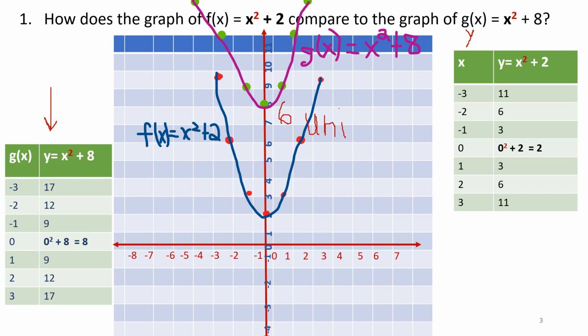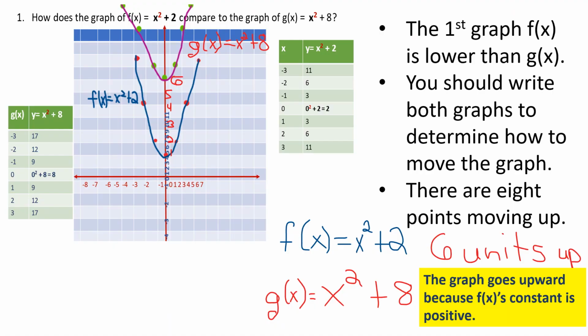Most of your algebra teachers call it 6 units. And remember, it's positive. So it moves up 6 units, and it moves 2 over. All right. The graph goes upward because f's constant is positive.